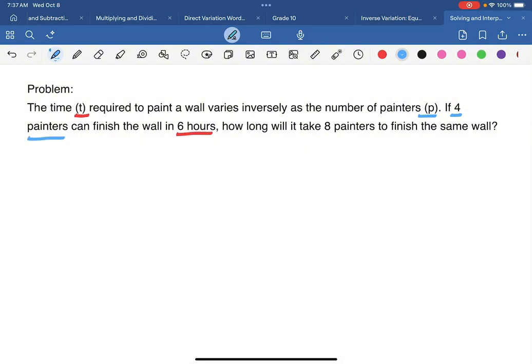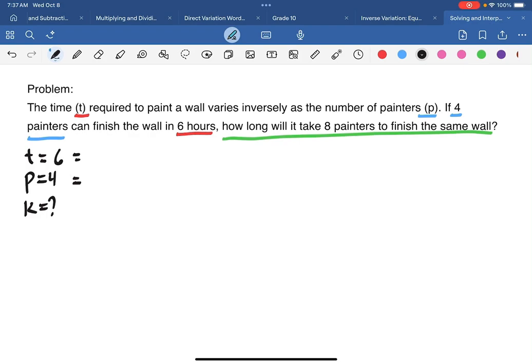Now, based on the situation here, let us write it first. T is 6 and P is 4. So we need to find K first before proceeding to the next part of the problem. We need to identify first which one is the dependent and independent.